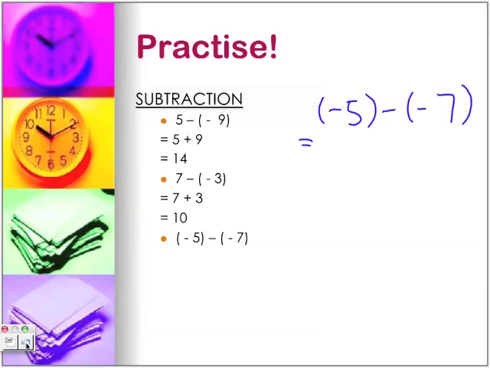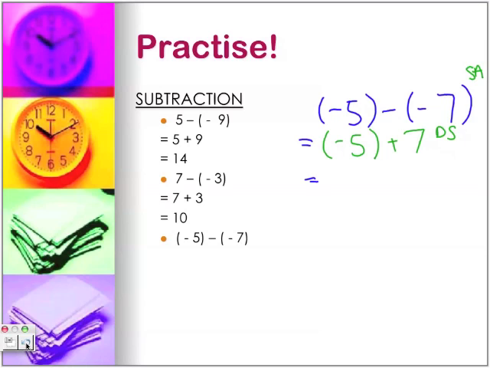Yes. So it's negative 5 plus 7. These are one of the situations where, look at the sign. Same or different? So we know that's going to be different. Subtract. Now focus more on which number is bigger.